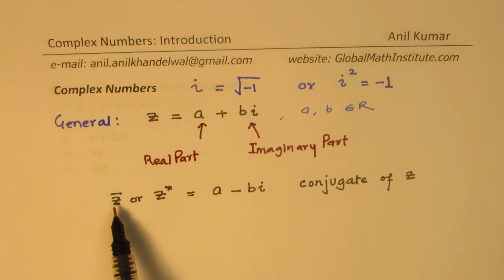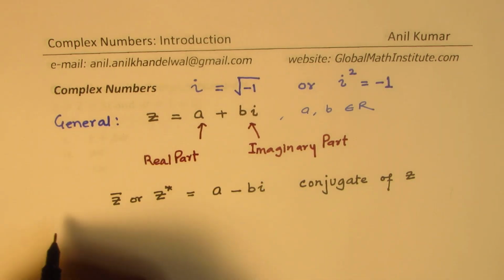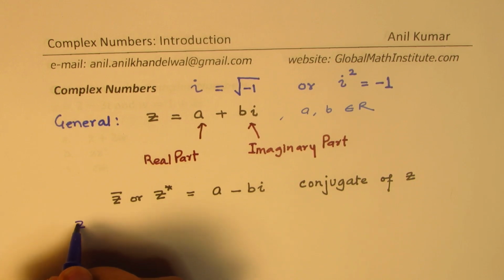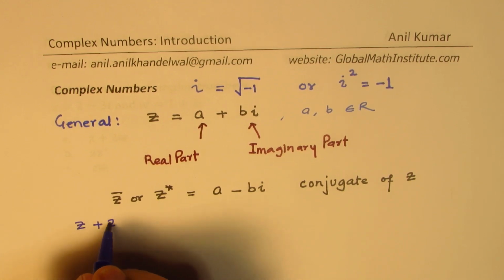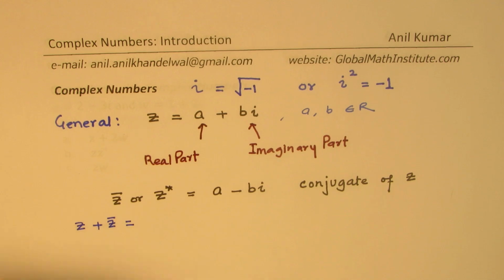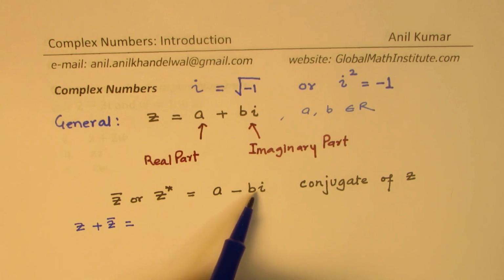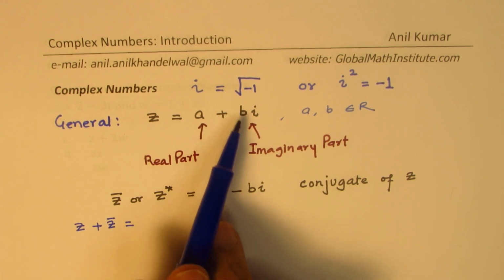Now this conjugate of a complex number leads to many important properties. You will notice that if you add the complex number with its conjugate, then what do you get? If I add these two, the real parts add up and the imaginary part cancels out.